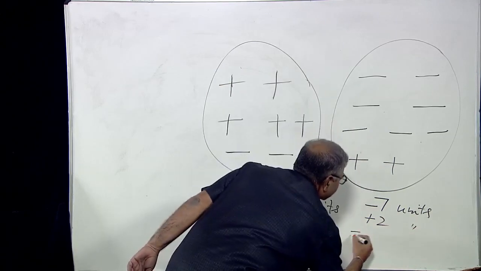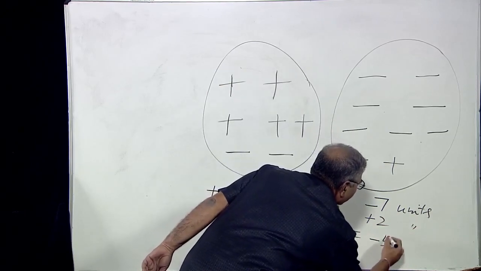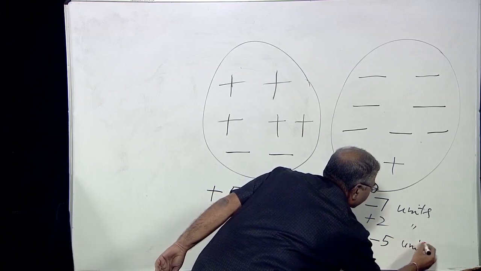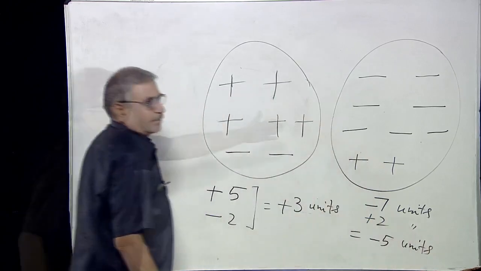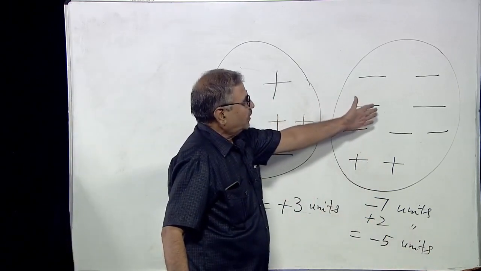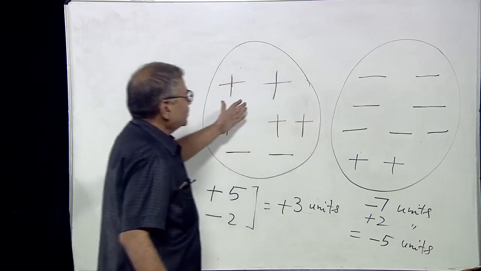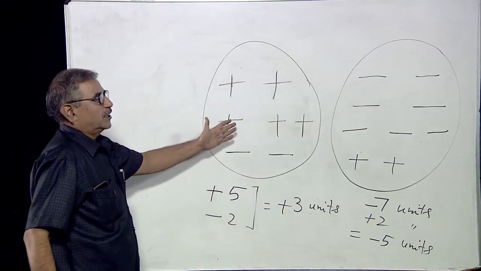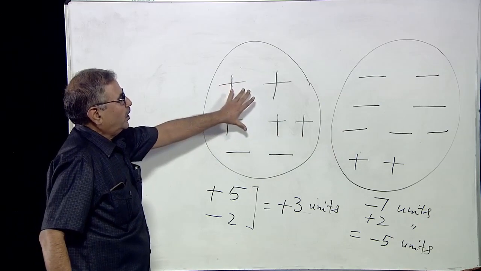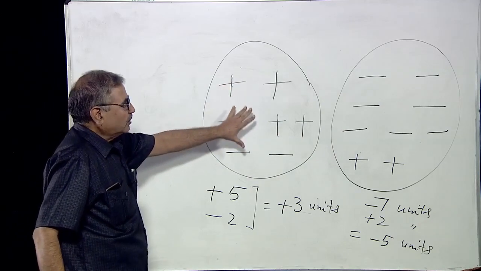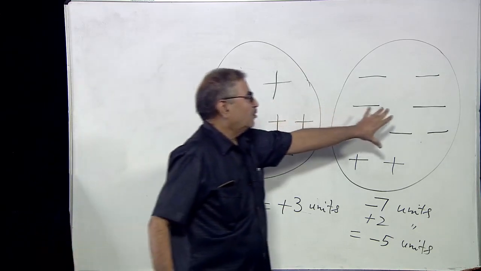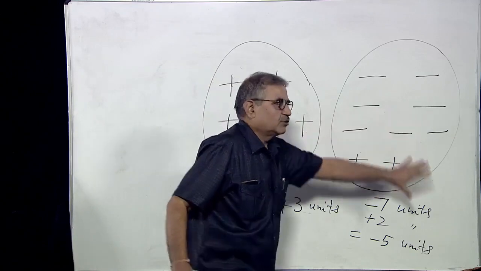So, net charge is minus 5 units. This is the example of a negatively charged body, and this is the example of a positively charged body. A positively charged body has excess of positive charge, and a negatively charged body has excess of negative charge.